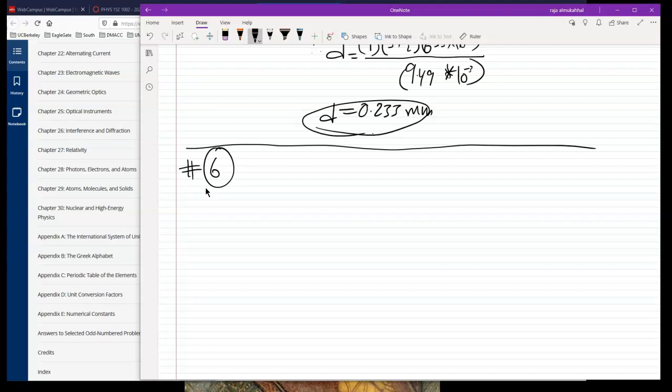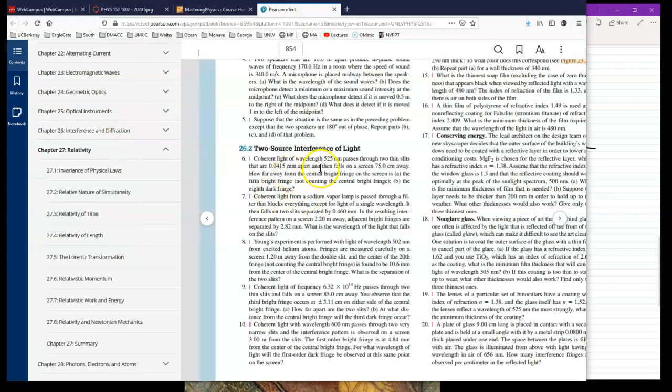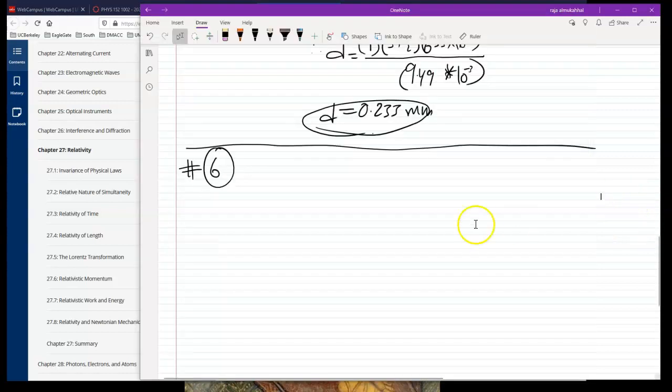So let's write what's given to us. Coherent light, so the wavelength is 525, and the distance d, the distance between the 2 slits, is this number right here, and it is 75 centimeters away. So what I have is the following data.